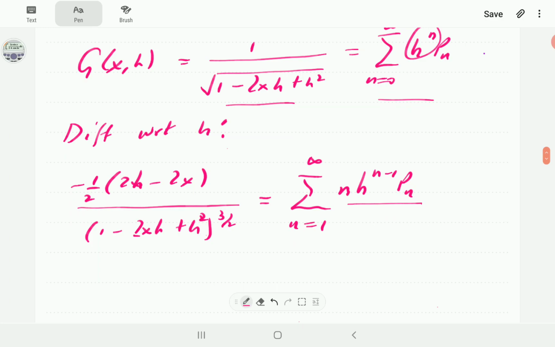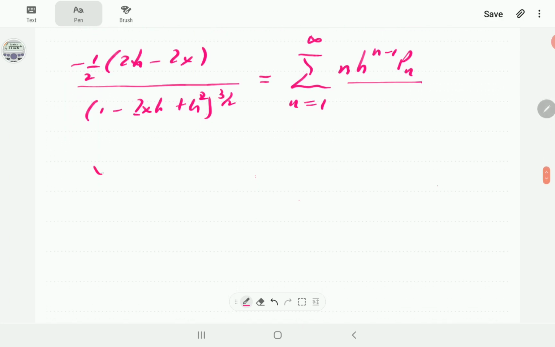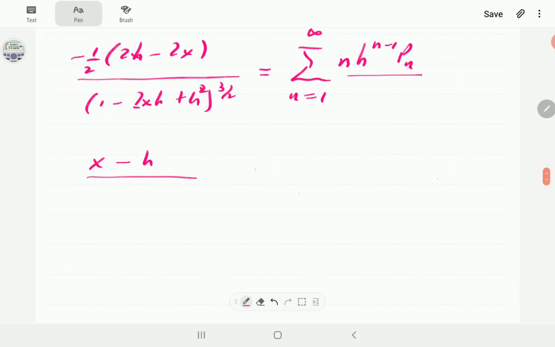Then simplifying on the left hand side, we just have x minus h all divided by now power 3/2.